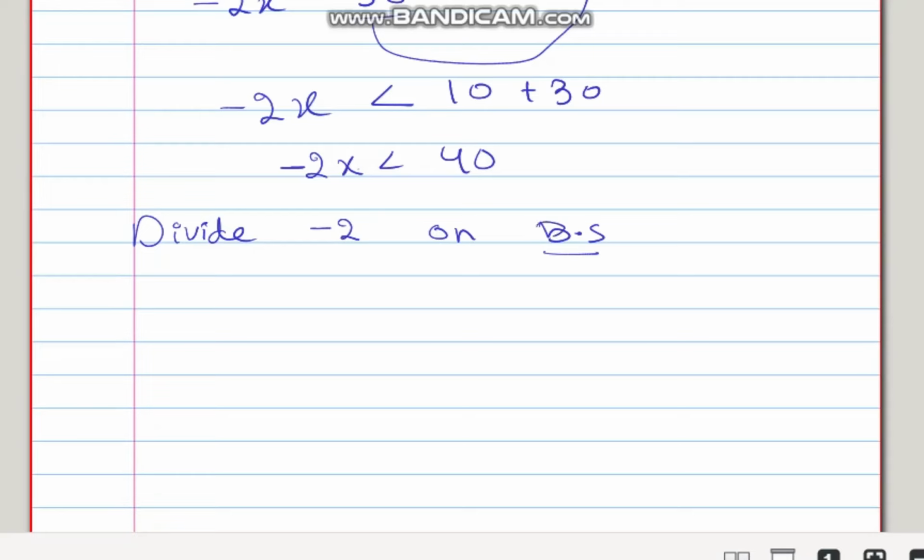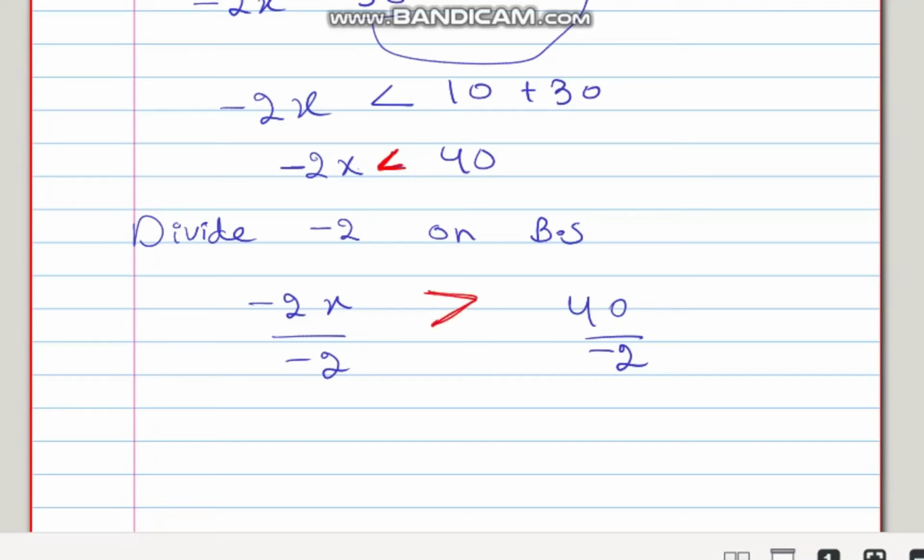So how can we do this basically? Minus 2x divided by minus 2, and 40 divided by minus 2. Now it's a very important point to be noted. Here the situation is that a negative number is divided on both sides. Then what will we do? We will change the sign. The inequality sign, which is less than, will now change to greater than.